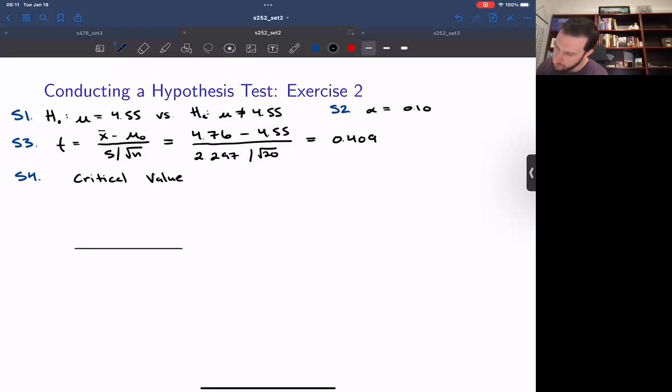So we might have something that looks like this. All right, so here is a student t-curve centered at 0. Okay, so we are going to have two critical values of equal magnitude in the upper and lower tail of the curve.